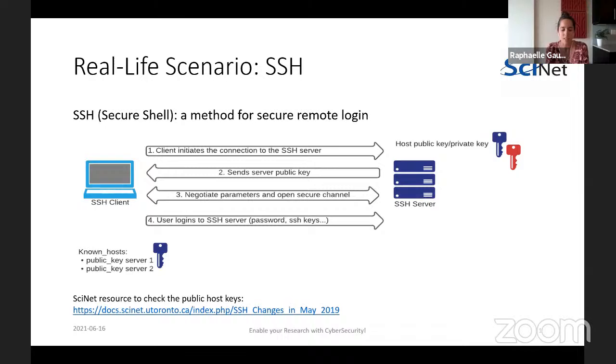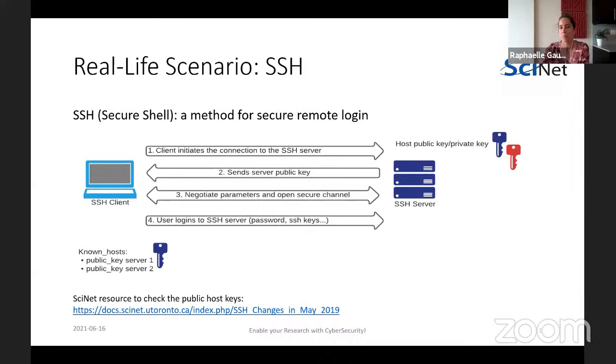And the answer is not really. You'll still be vulnerable to the password attacks that we've described on day 2. If both passwords and SSH keys are allowed on the SSH server, there is no huge benefit in using SSH keys.